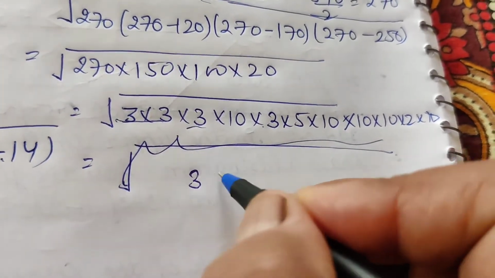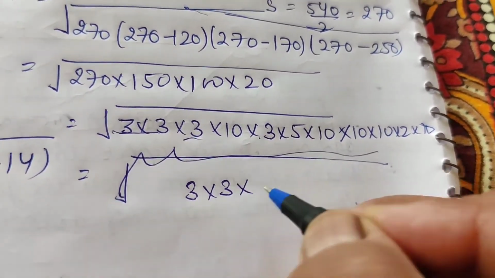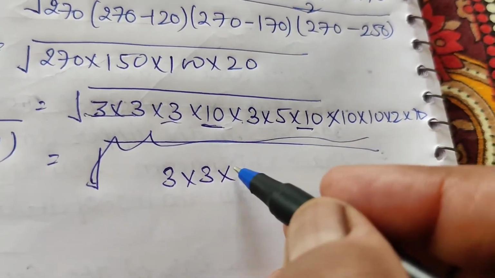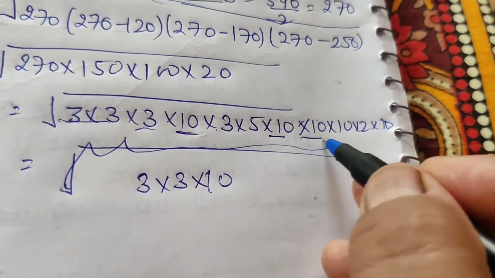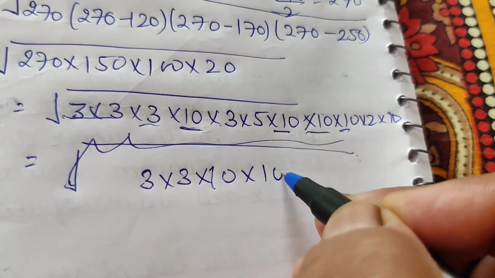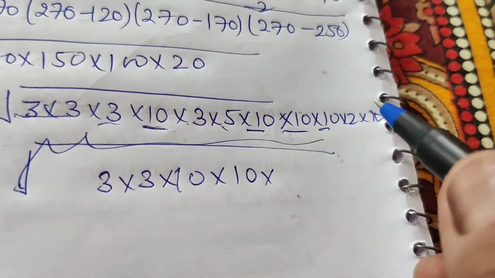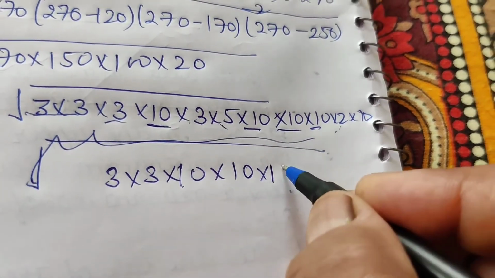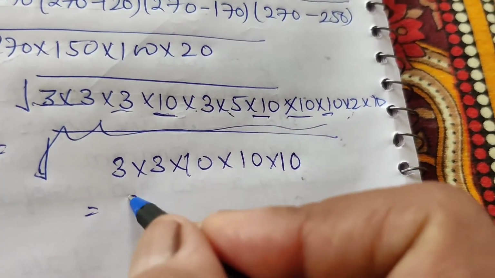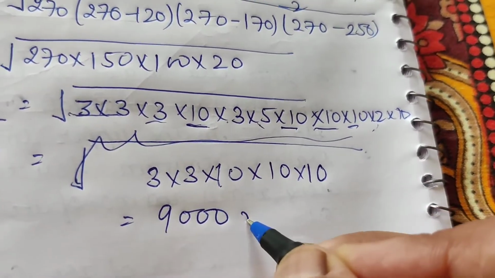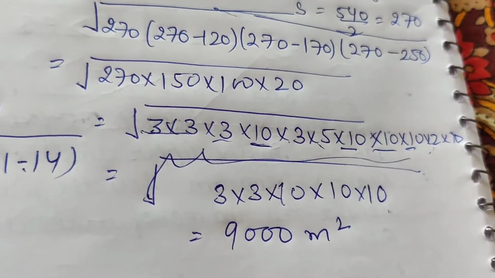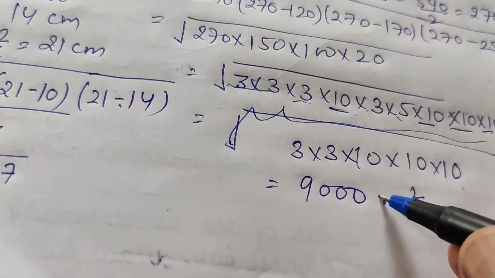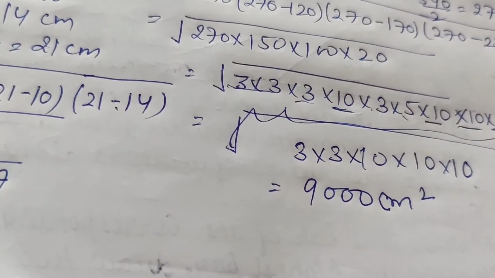Only 3 into 3. Now 10, 10 and 10. Rest 5 to the 10 into 10. 10 into 10 into 10 is 1000 more. It means 9000 centimeter square is the area. Next question.